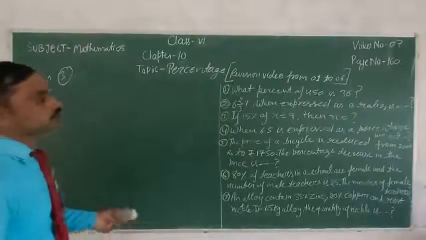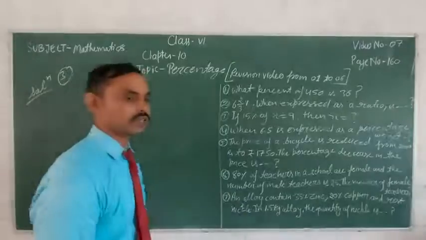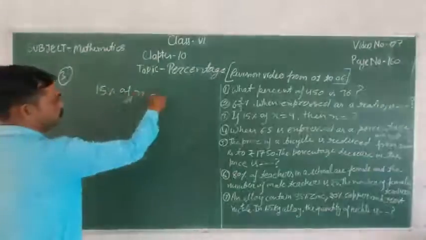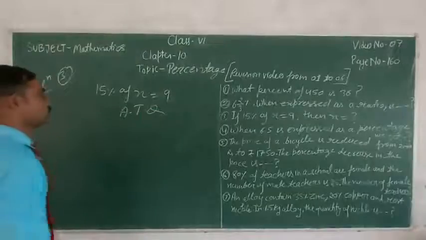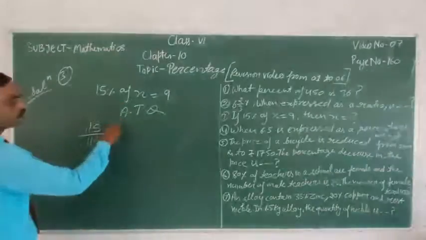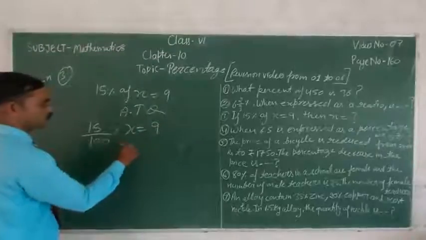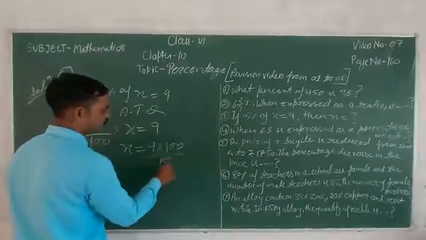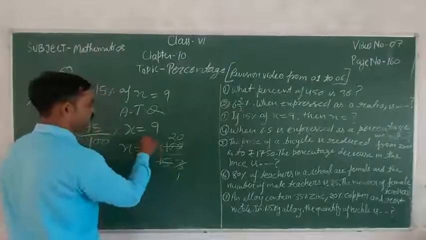In third one, 15% of a number x is given to us, that is equal to 9. So we can write it as 15% of x is equal to 9. Now according to question, we have to calculate the value of x. So 15, we will remove the percentage by dividing it by 100, into of means multiplication x, that is equal to 9, and x is equal to 9 multiplied by 100 divided by 15. 5 2s are 10, 5 3s are 15, 3 1s are 3, 3 3s are 9.